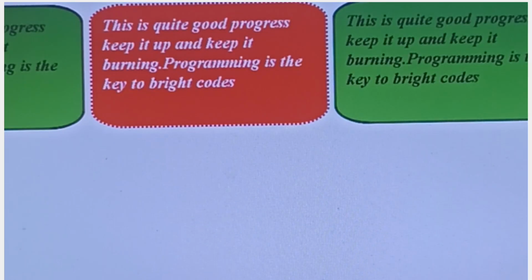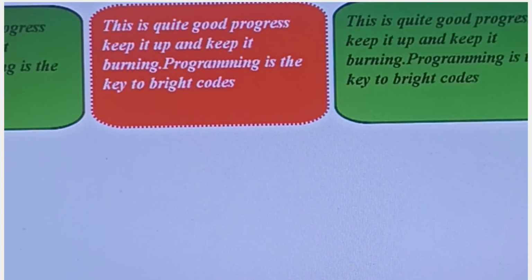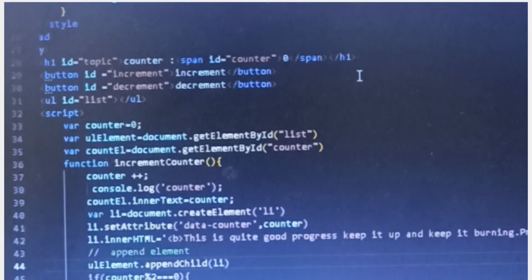Now, if we increment again, it displays four columns in one row. In the display grid that we had given it, grid template columns repeat 4 columns, 1fr.